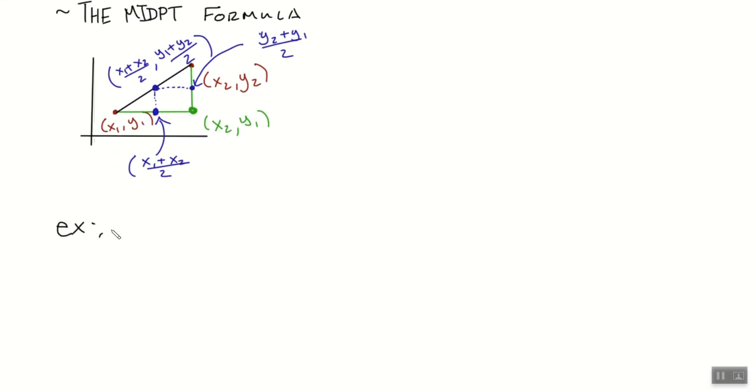Example. I want you to consider, let's pick a couple points. A, Jermaine, where's point A live that's not the origin? Give me any point that's not the origin. We're making up an example.